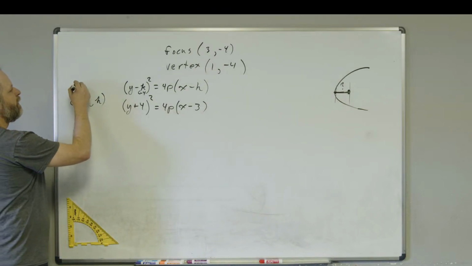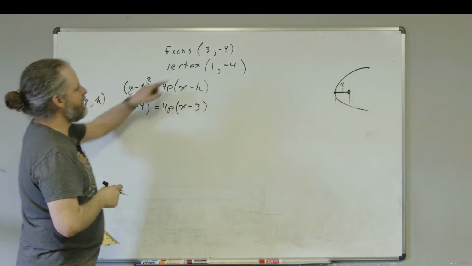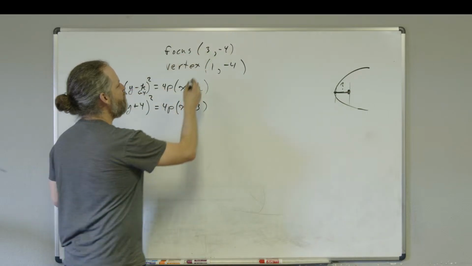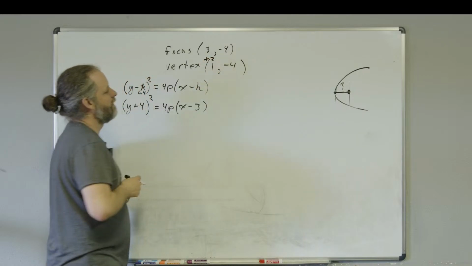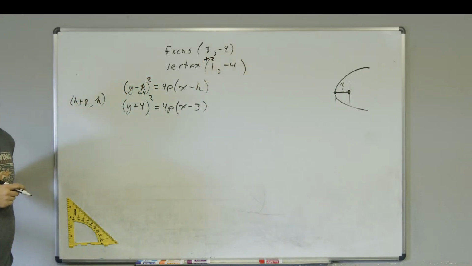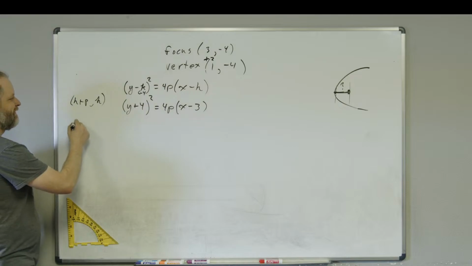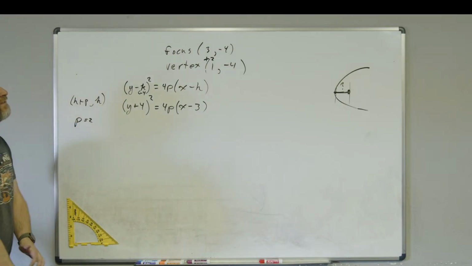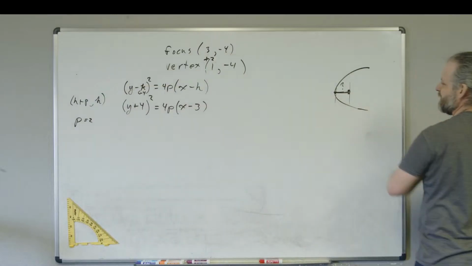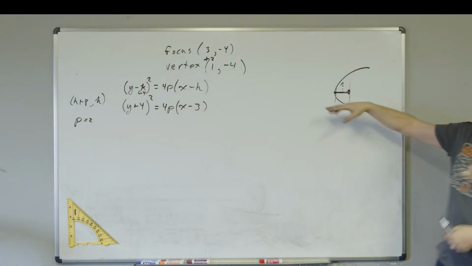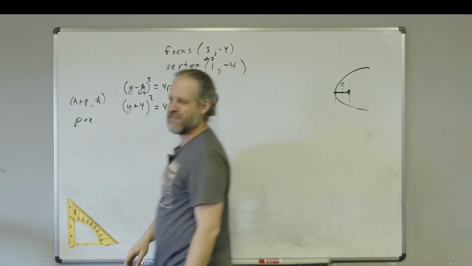To get from this guy to this guy is 2. So what is P? 2. And it's only on the X, not Y. Right. Yeah, because the focus is in line with the vertex, and we're opening to the right. So it's the one that changes between the two, not the one that stays the same.